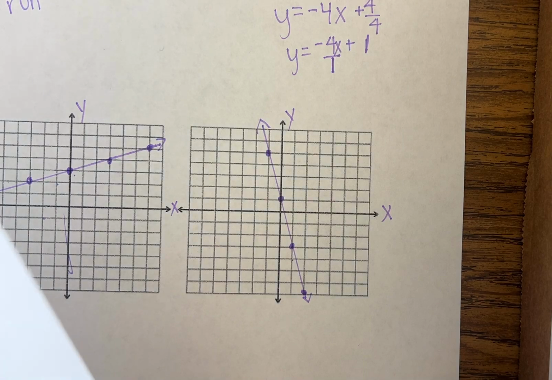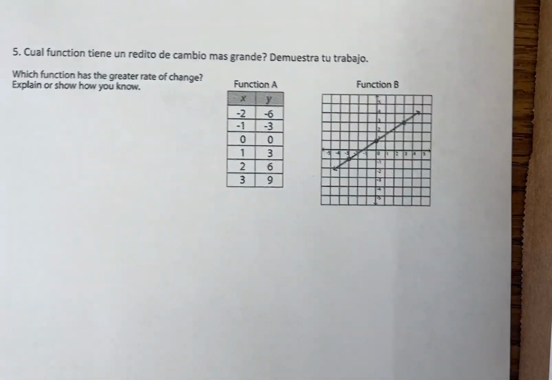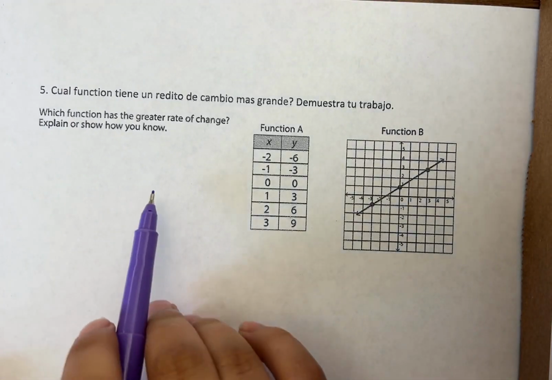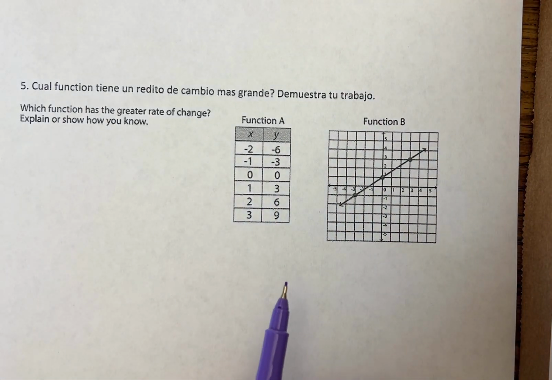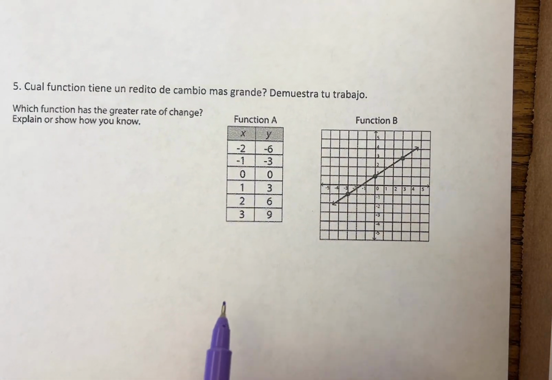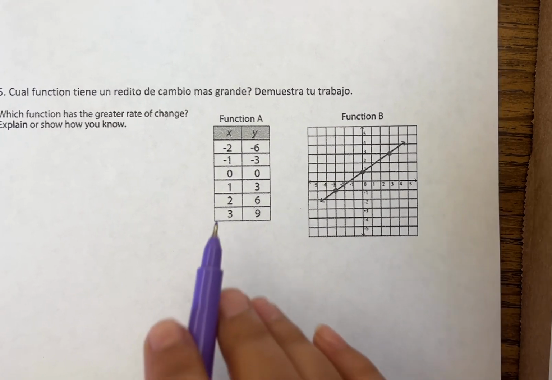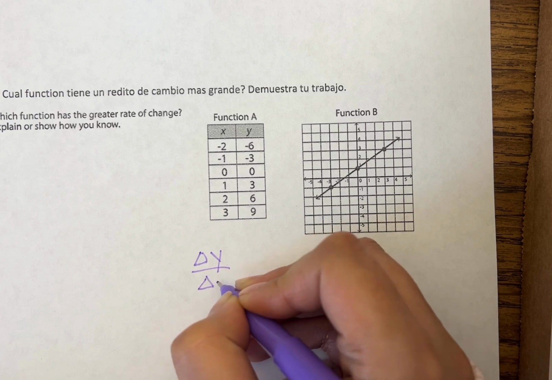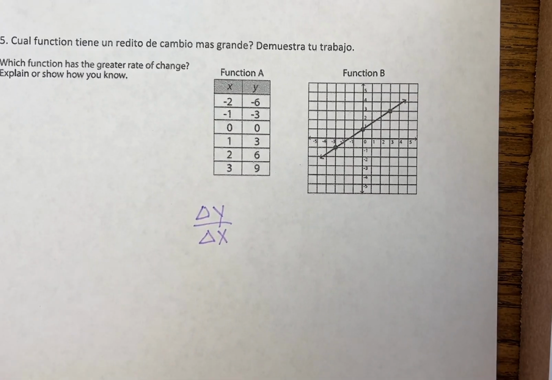Awesome. So that's that. Now we're going to do this one, okay? So it says, which function has the greater rate of change? Okay. So for this one, I just want you guys to find out what the slope is. So for this one, I'm going to do the change of y over my change of x, right?